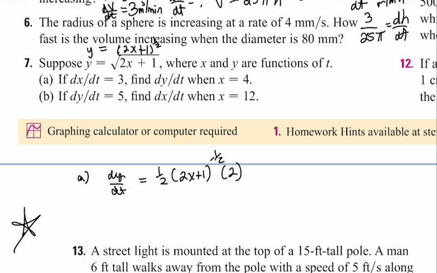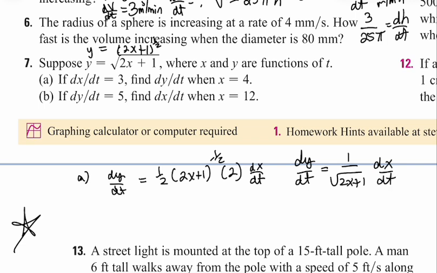You might notice I had to use the chain rule, dx/dt. Now, that can be prettied up a little bit. The 2 and the 1/2 cancel. So that's really 1 over the square root of 2x plus 1 times dx/dt.